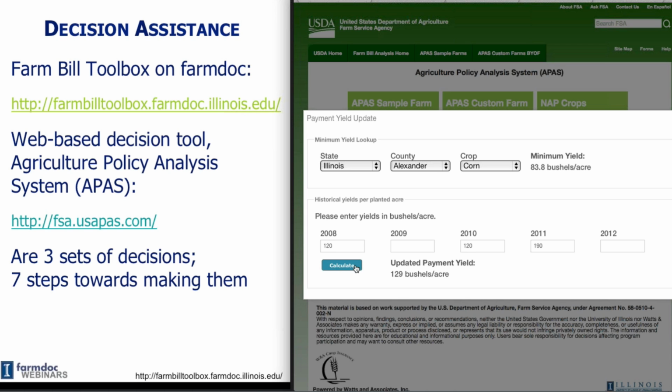Again, historically, we've had those NASS county yields come out in February, so we should also have those available to us. So we should know the actual 2014 county yields, which will be important for county ARC. We'll have a better idea of what the 2014 marketing year average price will be, which will impact all three of the program decisions. And we'll also have the SCO premiums and know those exactly by the end of February, 1st of March.